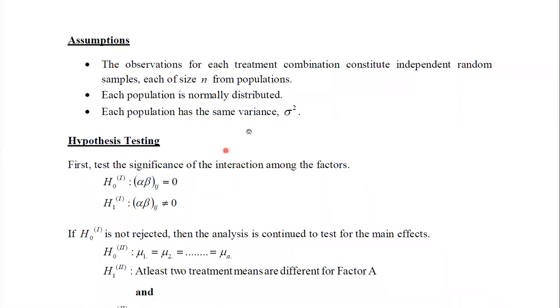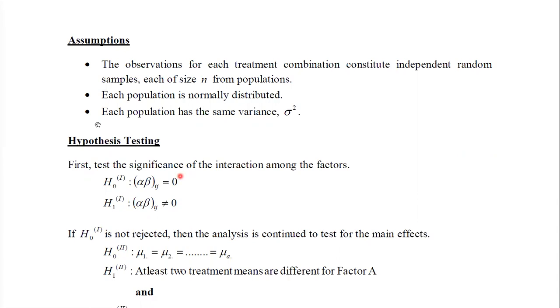We are assuming equal variance among the populations, normal distribution, and equal sample sizes. Random and independent samples should be taken, each having n as the sample size.